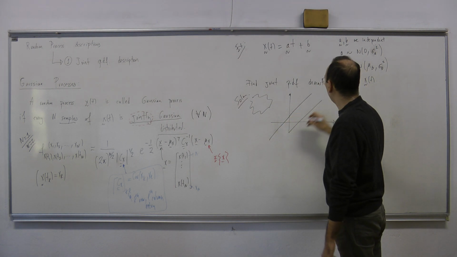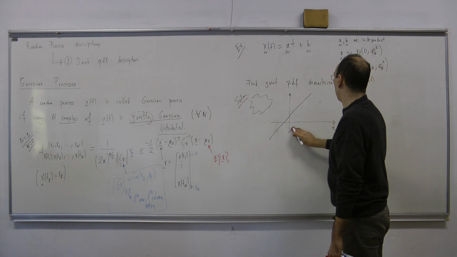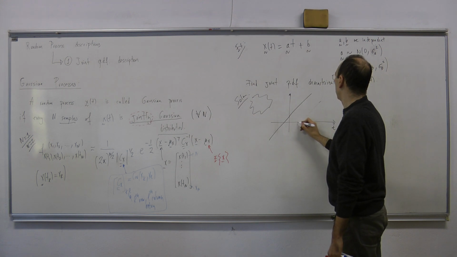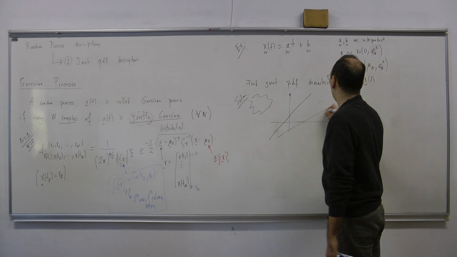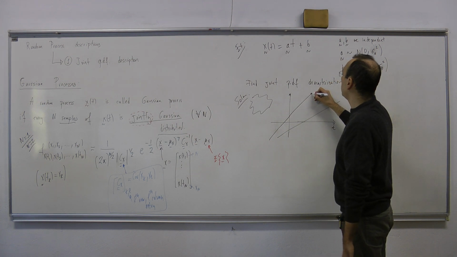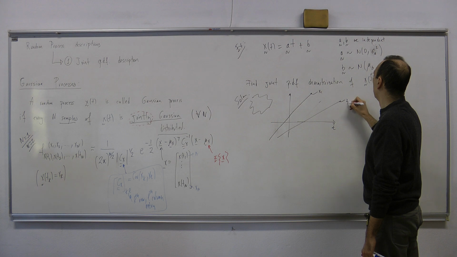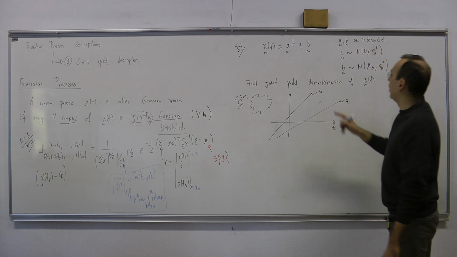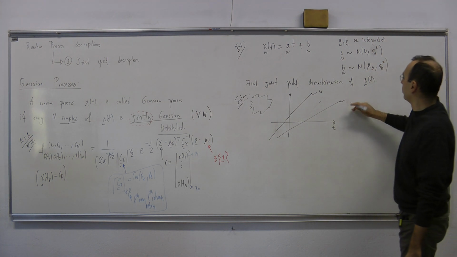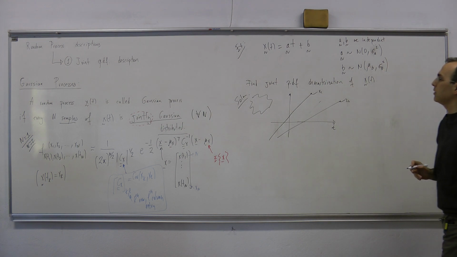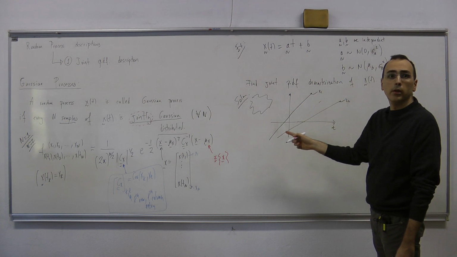Maybe I have a straight line like that. Well, different slope, because I don't want them to be parallel. Maybe a straight line like that. So this is called a realization of this process. Let's say this is tau 1, tau 2, etc. Okay? So these are the realizations of this random process.